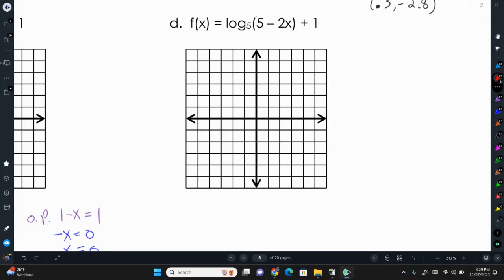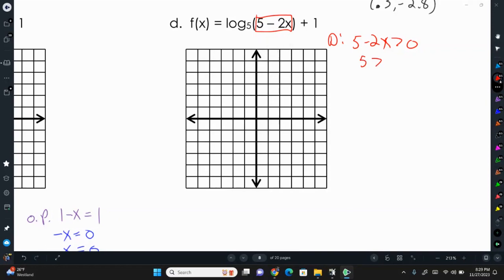For letter D, look at that inside now is different. It's not just x, 1x plus or minus a number. We have a linear expression with some coefficients there. So we're going to have to set this greater than 0 to find our domain. Okay, add 2x to both sides.